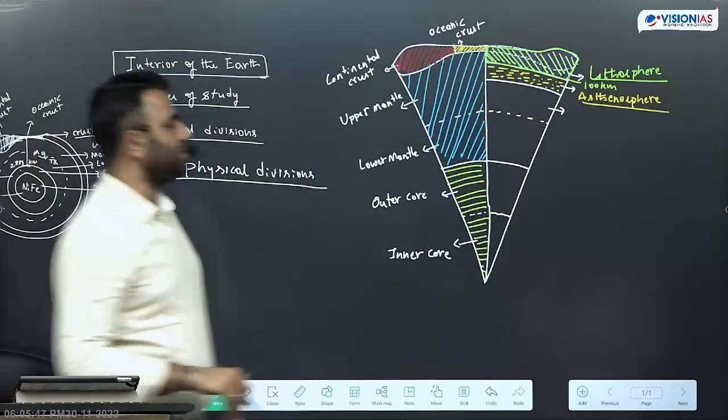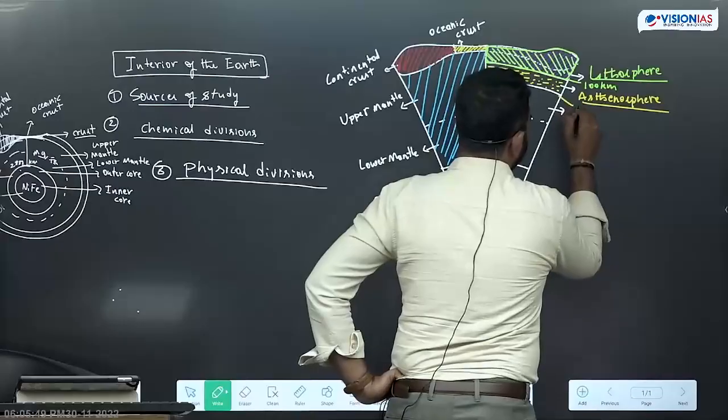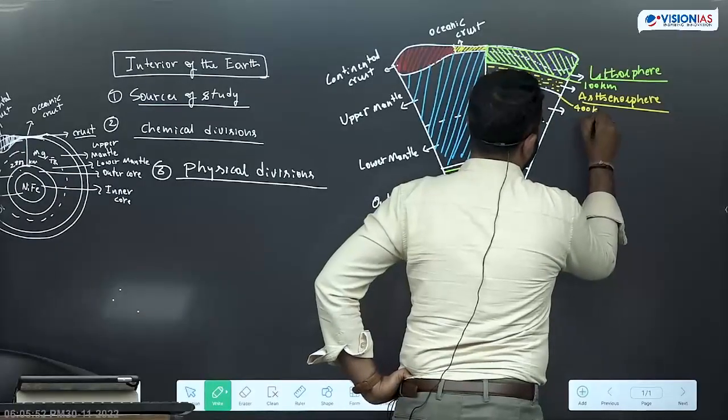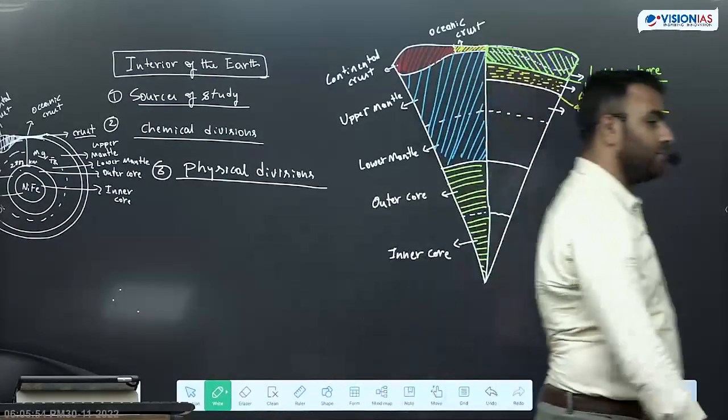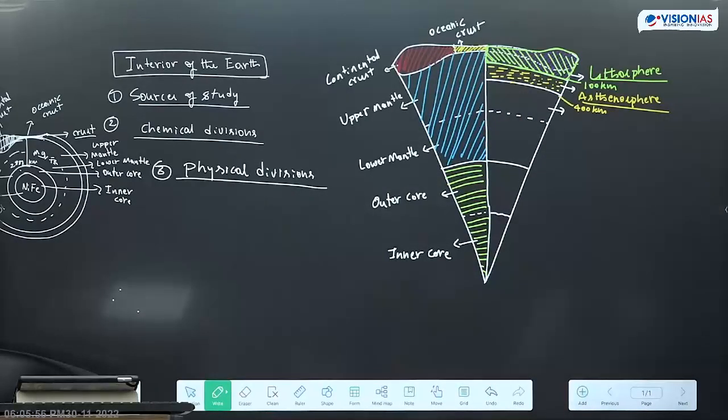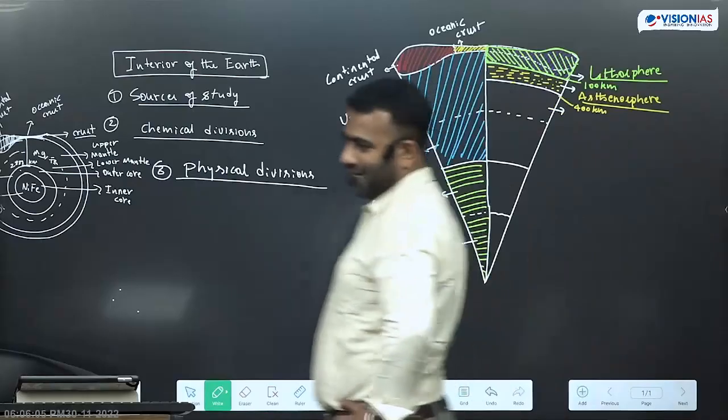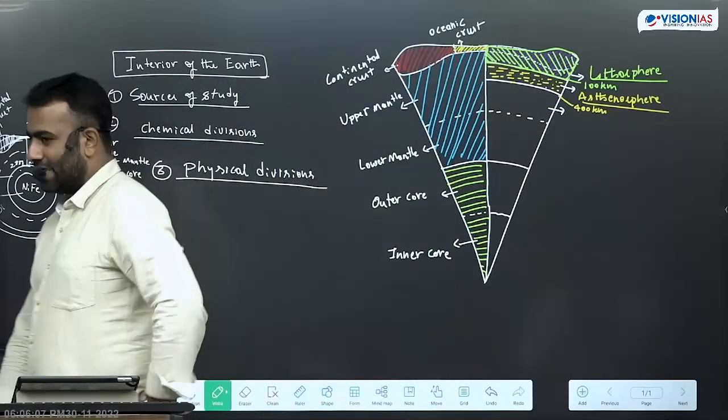Below the lithosphere, up to the depth of 400 kilometers from lithosphere, there is a separate layer which is physically different. Even though chemically it is the same, physically its characteristic is different.